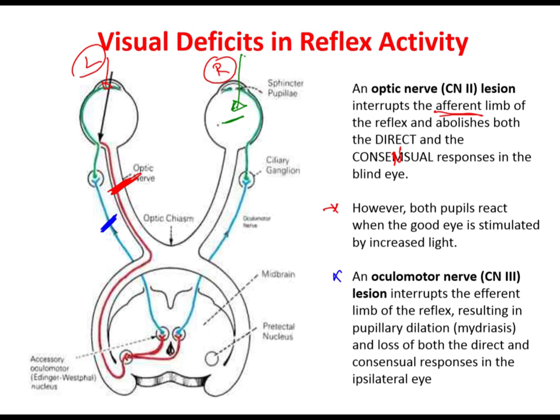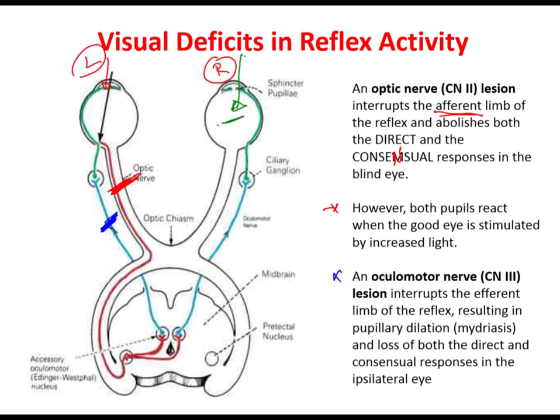What we mean by this is if we had a lesion of cranial nerve 3 on the left-hand side, the left eye would not have a direct response, meaning if you shine light in the left eye, it would not constrict. It would also lose its consensual response, meaning if you shine light in the right eye, the left eye would not constrict, because of the lesion in the oculomotor nerve.